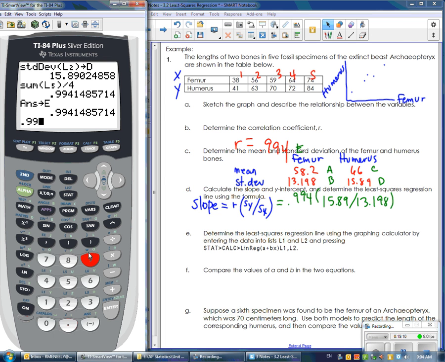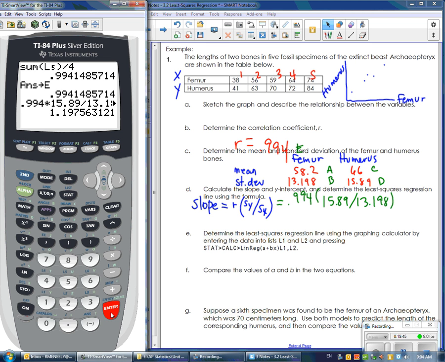So if I just take 0.994 times my standard deviation in y, which we said was 15.89, and divide by 13.189. Okay, the value I get is 1.1975.